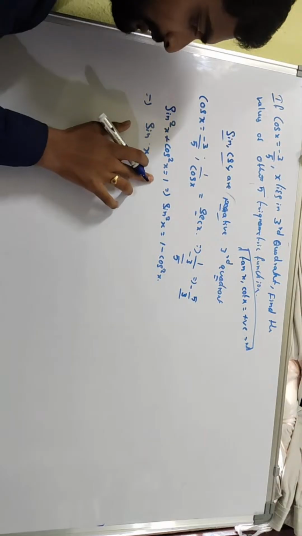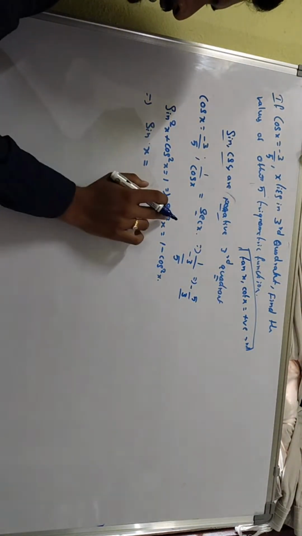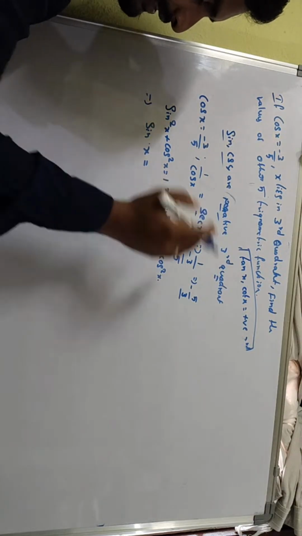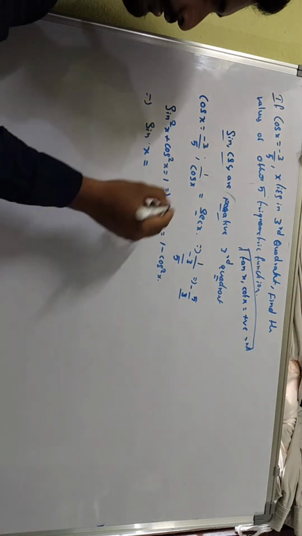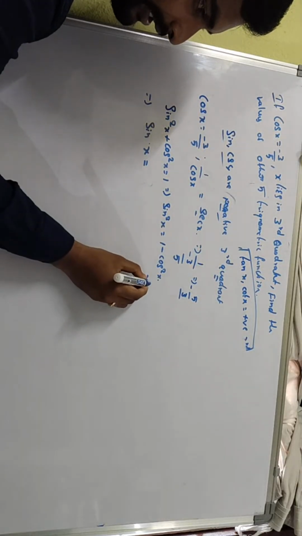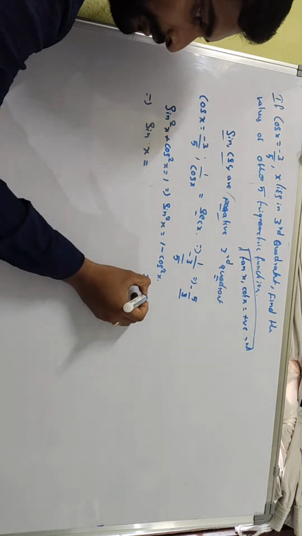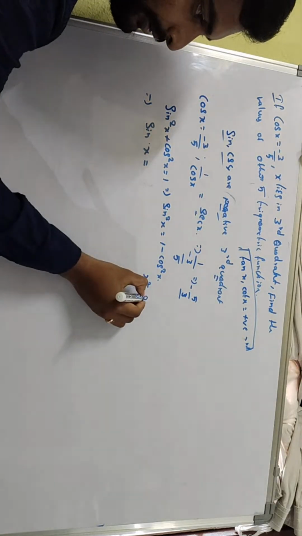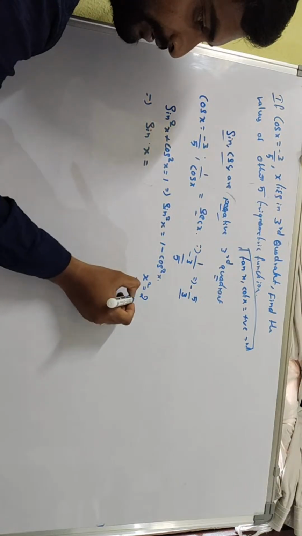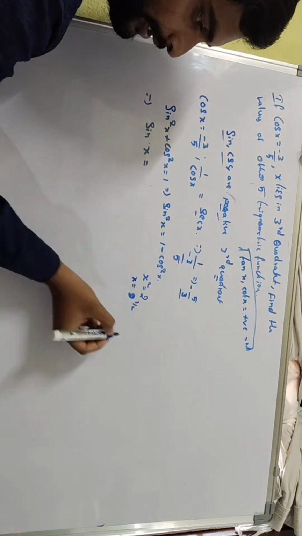For sine square x, the square, any power 2, goes to the right side of the equation and we get a root. Why does it become a root? For example, if x square is equal to 2, then on the right side of the equation we get x is equal to 2 power 1 by 2.